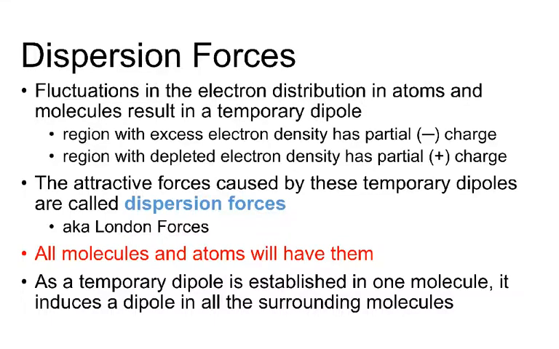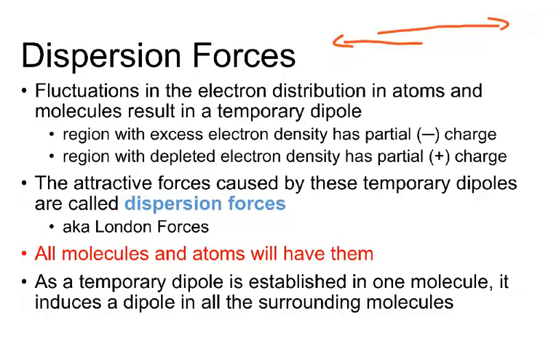Dispersion forces are caused by fluctuations in the electronic distribution in atoms. Basically your electrons will temporarily move one way or the other way, and you get these temporary dipoles. Those attractive forces are called dispersion forces or London dispersion forces, and it's important: all molecules and atoms have dispersion forces.